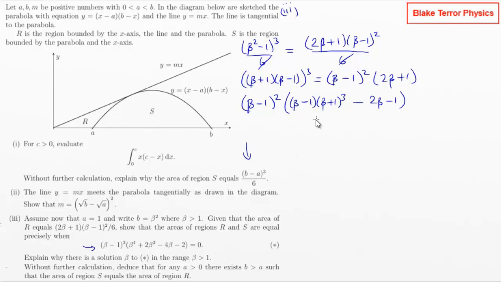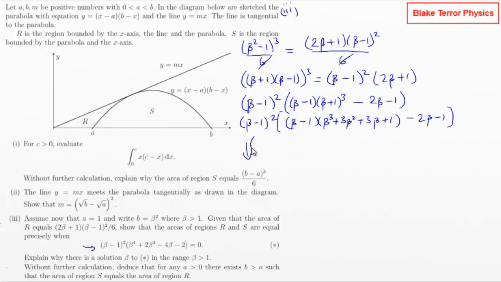And then we're fine. So this is going to be beta minus 1. I'm just going to write out this bit, I think. Beta cubed plus 3 beta squared plus 3 beta plus 1. And then, actually, I will write the whole lot out. Why not? So we've got that, and then beta minus 1 squared.